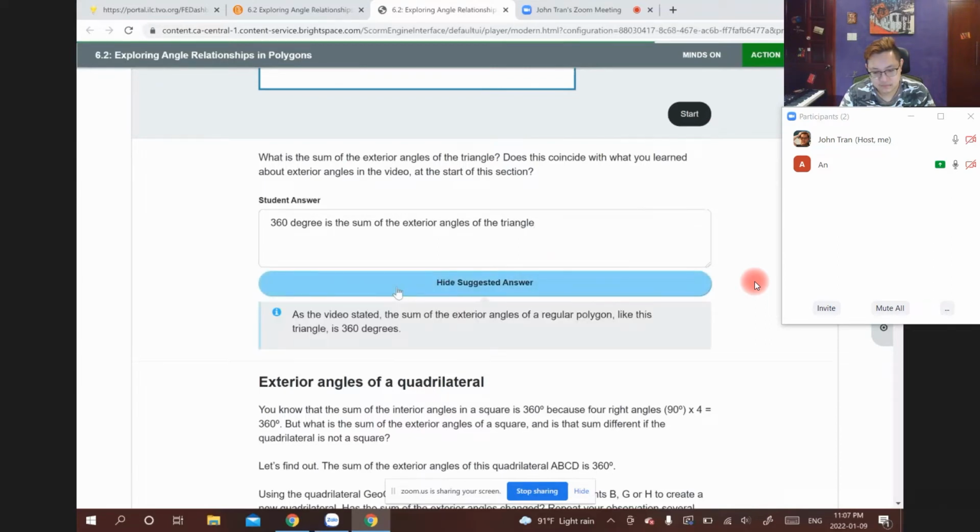You have found the sum of the angles of this triangle is 360 degrees.